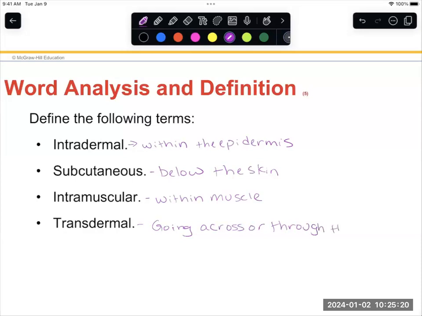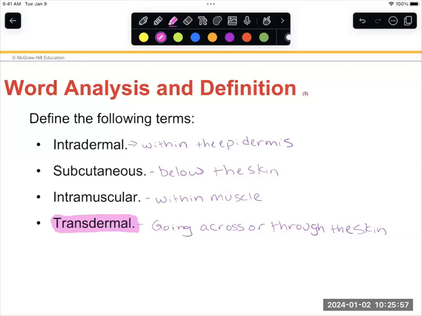So when you have some sort of injection, be it a vaccine, some kind of shot, people who are type 1 diabetic and need to give themselves insulin shots, allergy shots, people who have done that, that's a needle that goes transdermal, goes through the skin to be injected into the body.